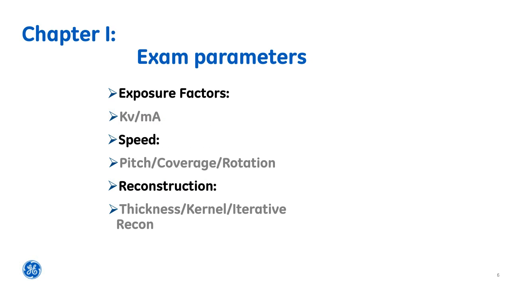So our exam parameters: we have our exposure parameters, which are kV and mA. We have the speed, which covers the pitch of the table, the amount we cover of anatomy and the tube rotation. And then reconstruction, we have the thickness of the slice that we either acquire or display, the kernel, which is the algorithm, so whether we're using a soft or standard algorithm, and whether or not we are using iterative recon.